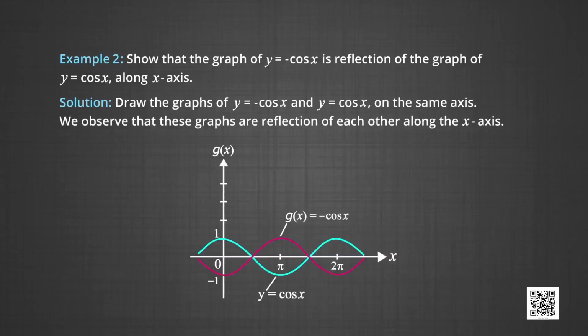We observe that these graphs are as follows, where the pink line is the graph of the function minus cos x, the blue line is the graph of the function y = cos x, and what we observe is that one is a reflection of the other in the x axis.